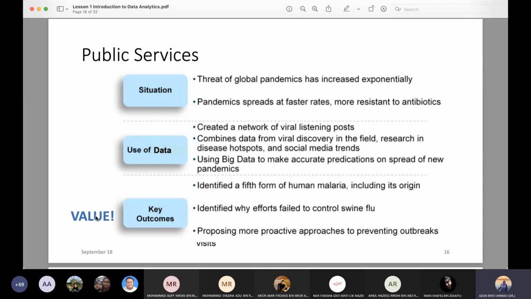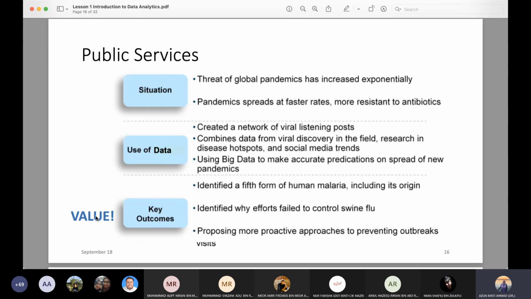Okay, sama juga macam yang latest one lah, yang COVID kan, the government nak tentukan whether nak buat PKP ke PKPD ke. So it is based on the data, based on the statistics, the daily, the monthly and also yearly statistics.